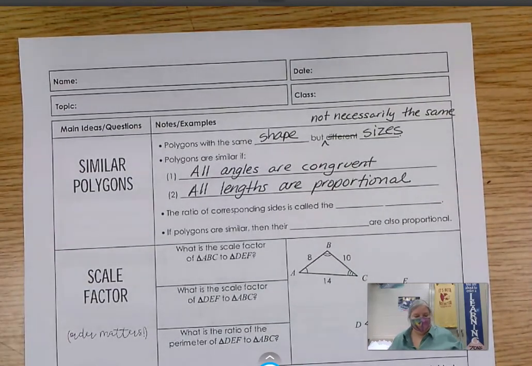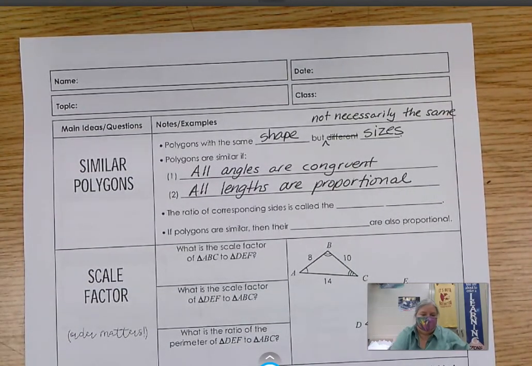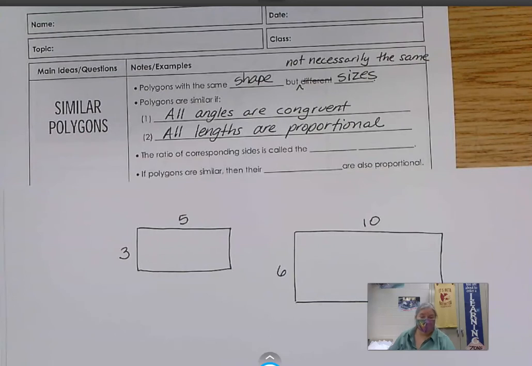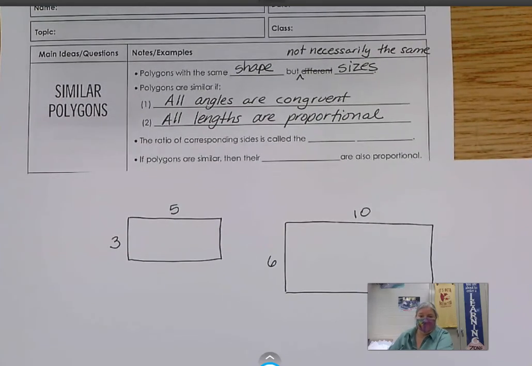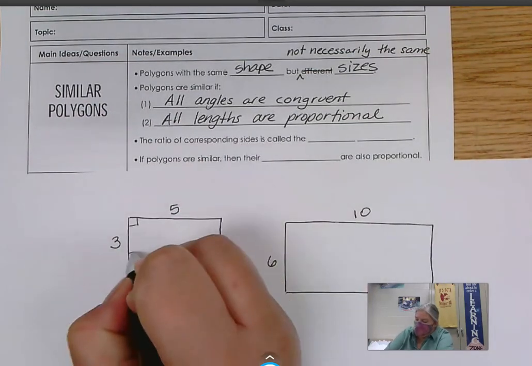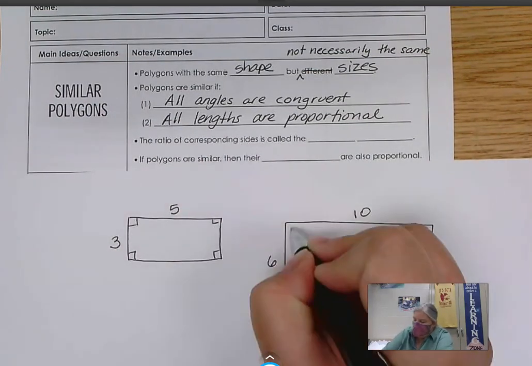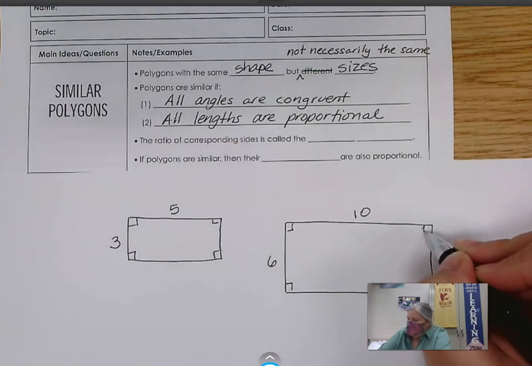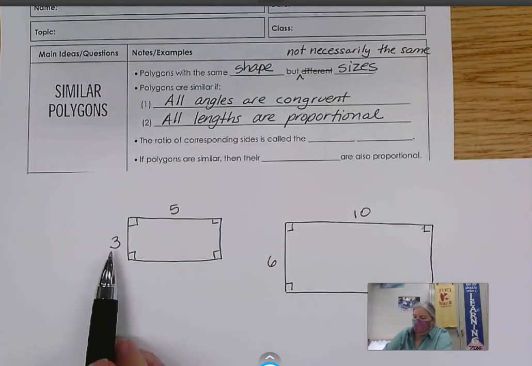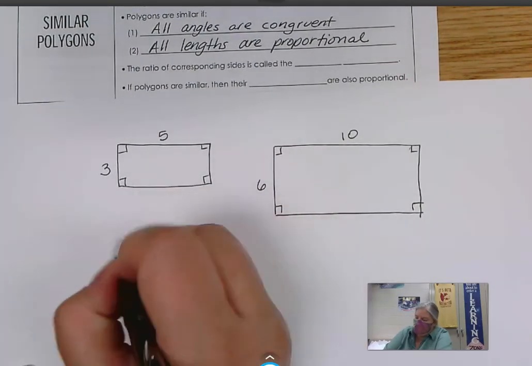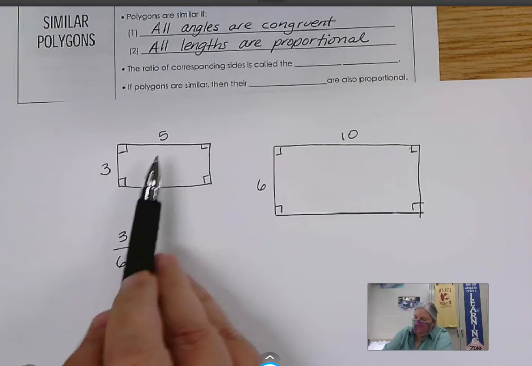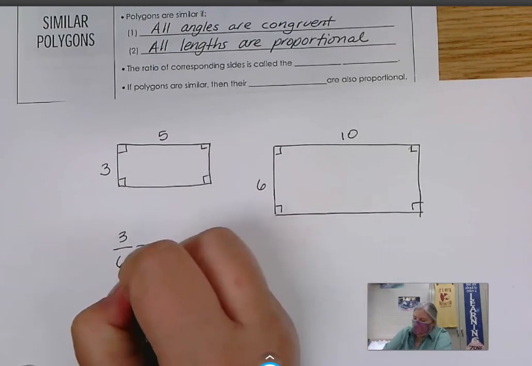Okay, let me give you a generic example. These two polygons, these two rectangles, are a very straightforward example of similar shapes. The side lengths are proportional, and we're going to assume that these are rectangles, so all of the angles are the same, they're all right angles. But the side lengths are proportional, meaning, and we could say it a few different ways, we could say 3/6 is the same as 5/10.